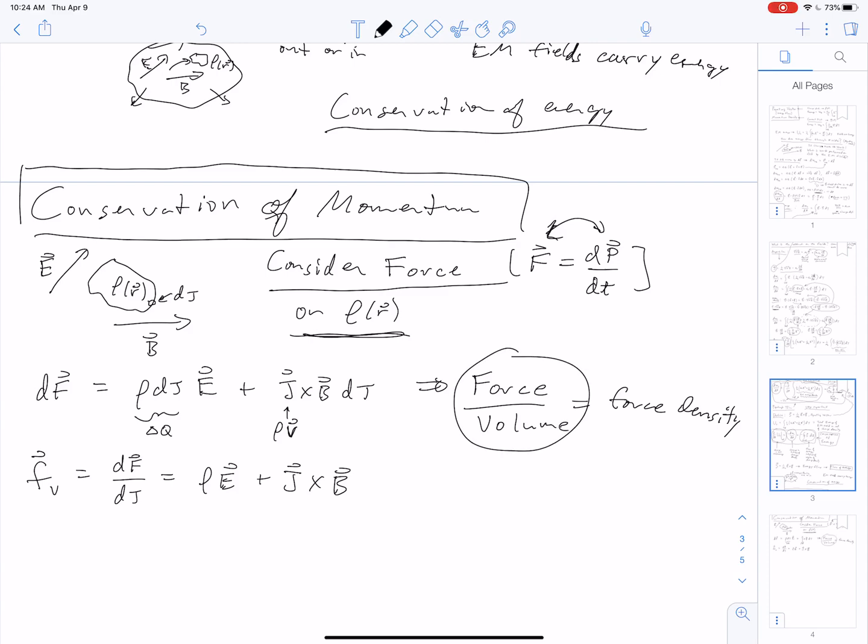Now we can start to manipulate this, because we want to write it completely in terms of the fields.